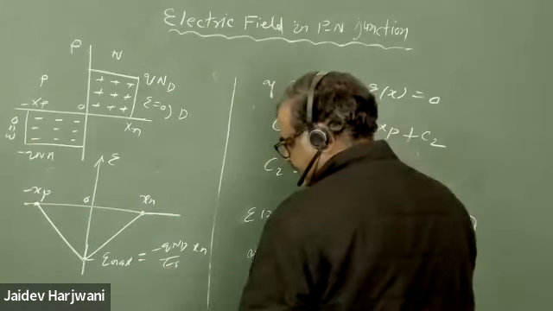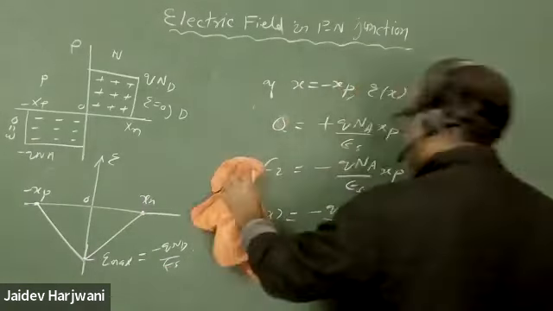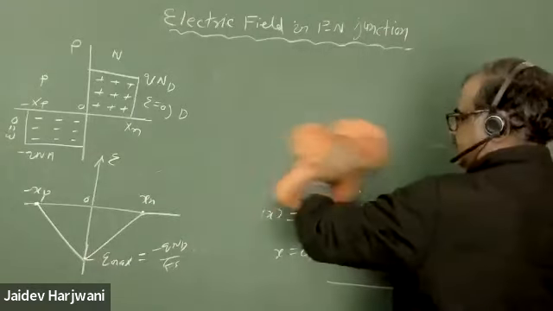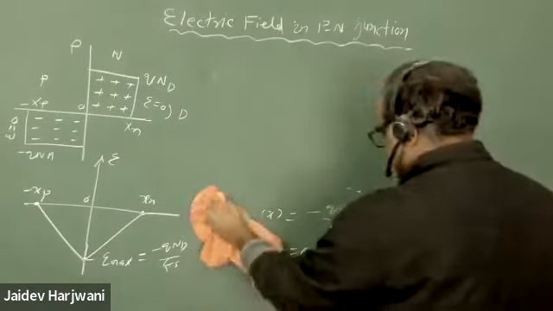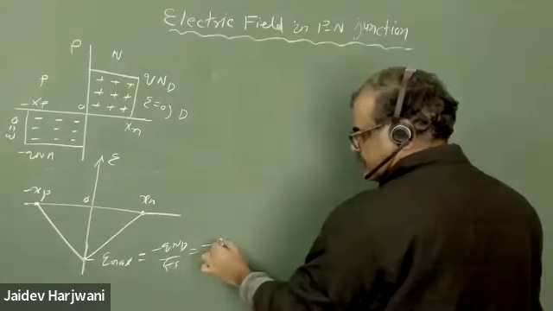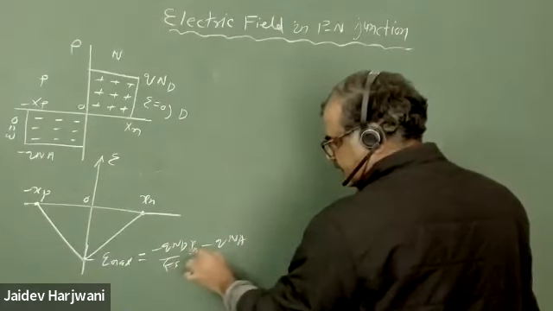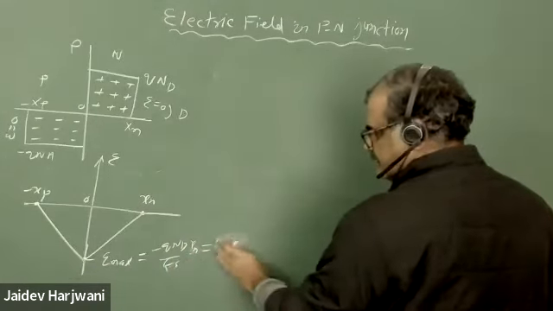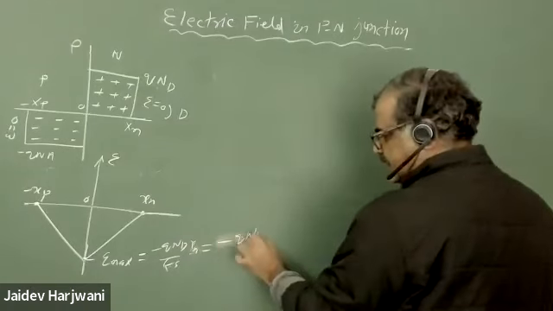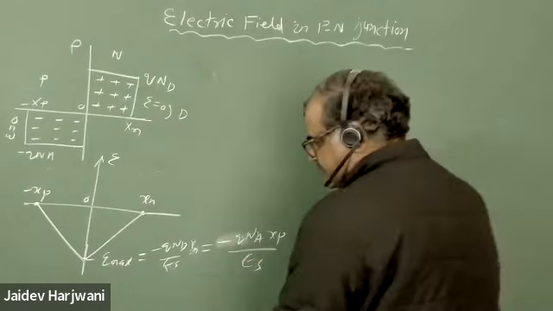minus q Nd xn over Es, or minus q Na xp over Es. So this is the field value.